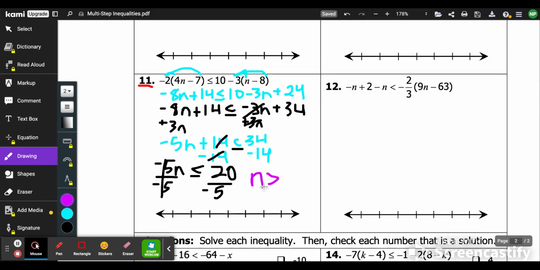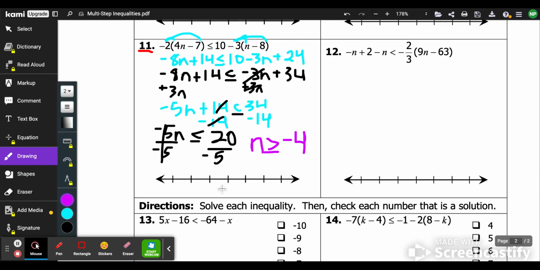So greater than or equal to -4. Two things here. First, remember to flip your sign because we divided by negative. Now, n is greater than or equal to -4. So that does mean that -4 is included in our answer. So -4 could be a solution. So -4 and all the numbers greater than -4.